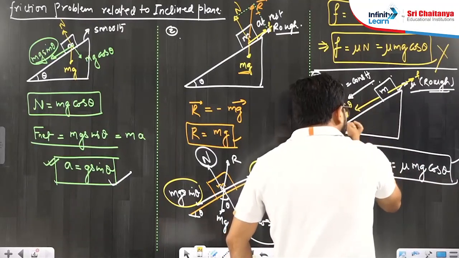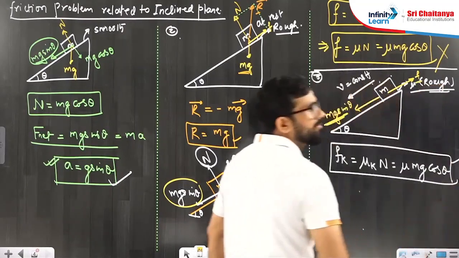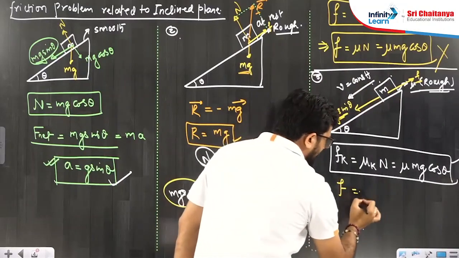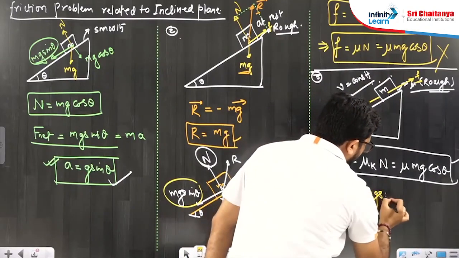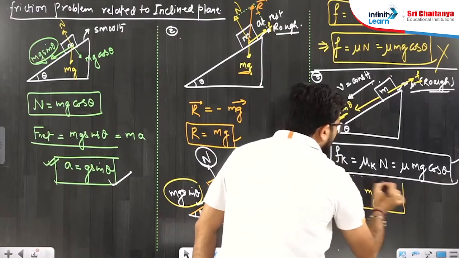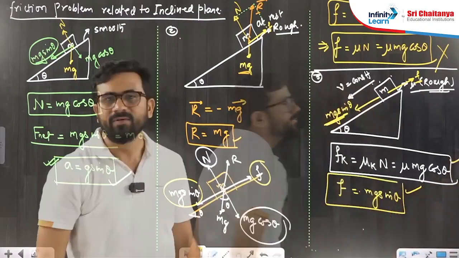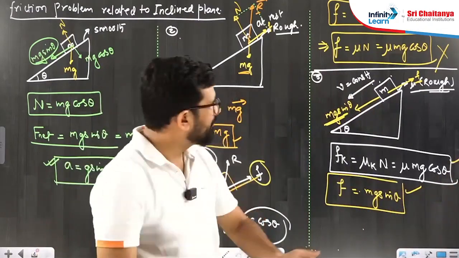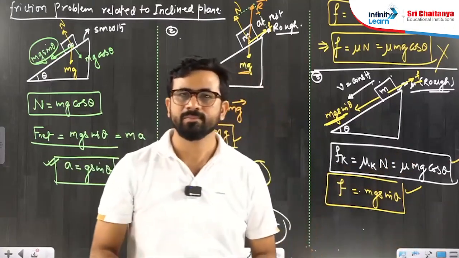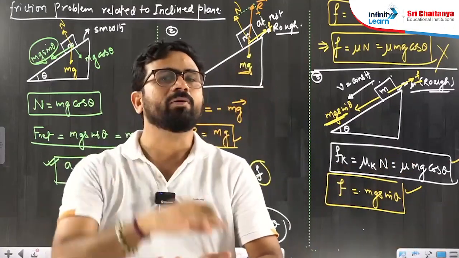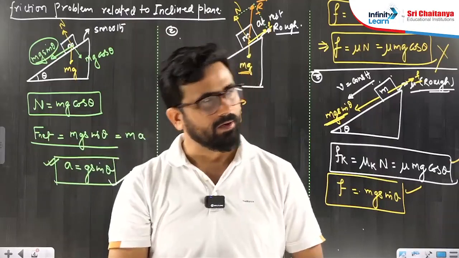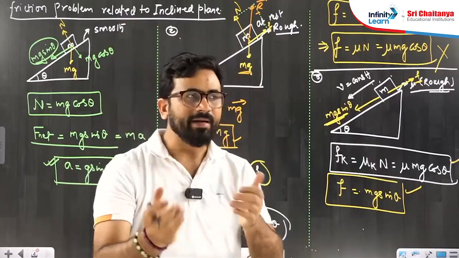That means mg sin theta is also equal to friction. So here also you can say friction is equal to mg sin theta, and the very important concept is that both are equally correct. When you put the numerical values, you will find both values would be same. Mu mg cos theta is equal to mg sin theta. Got it? Good.